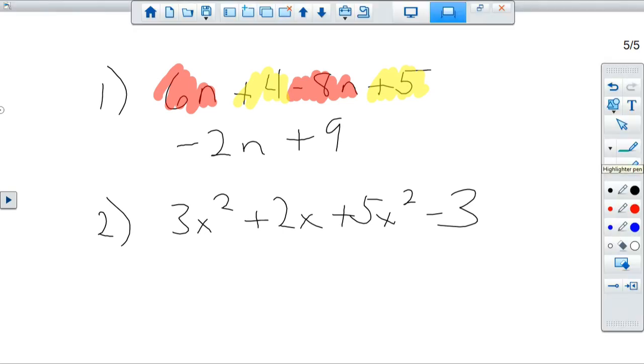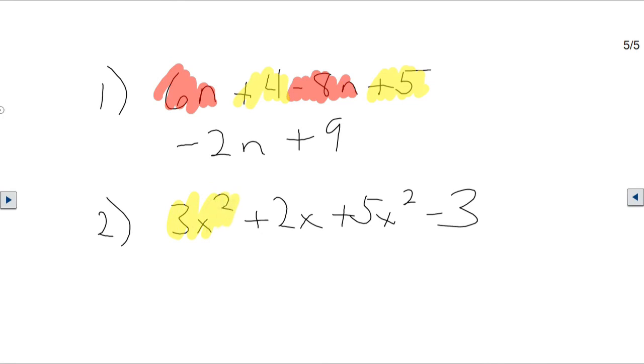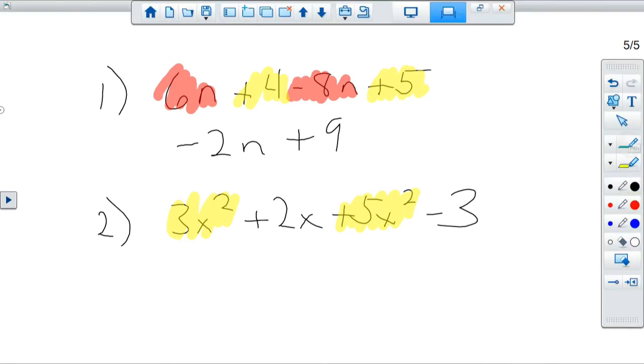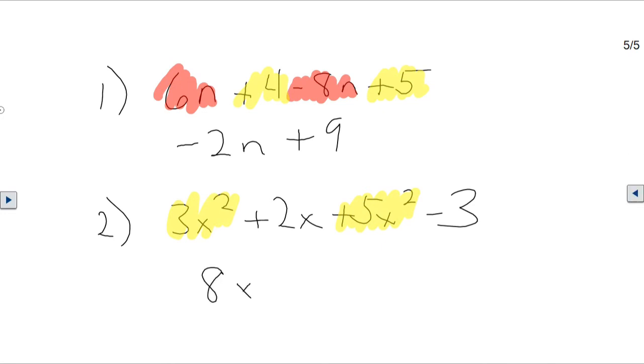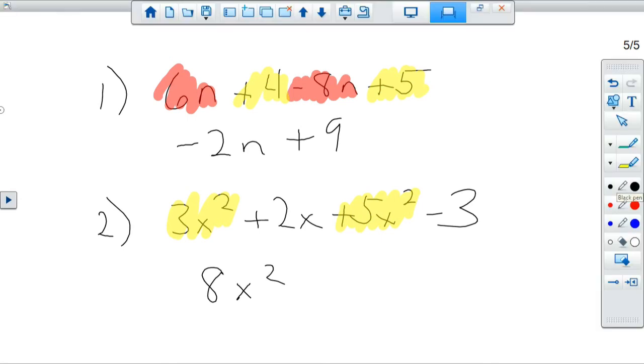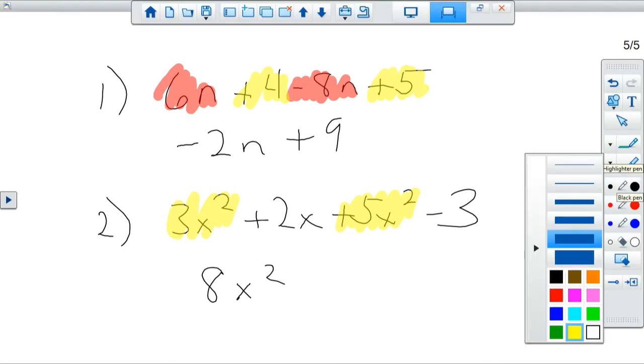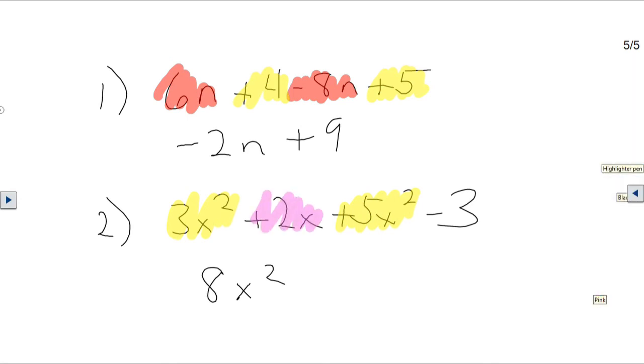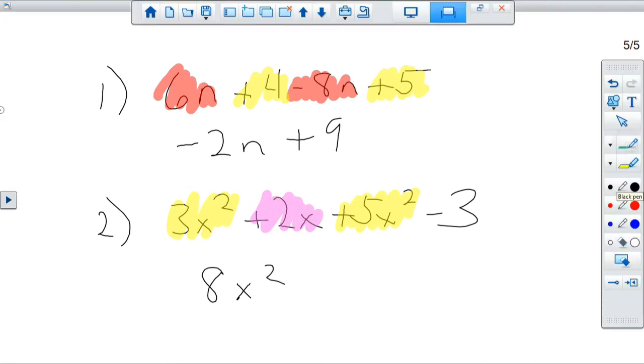The second one, as I look at that, I've got 3x squared. Do I have any other x squareds? Yes, I do, right there, plus 5x squared. So if I put those together, that gives me 8x squared. If I look at my second term there, I've got 2x. Do I have any other just x's?